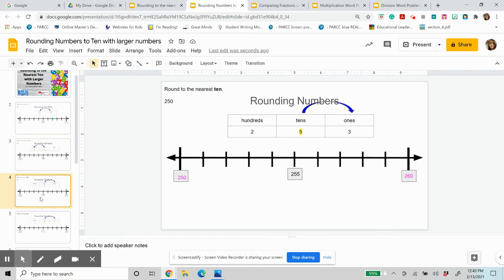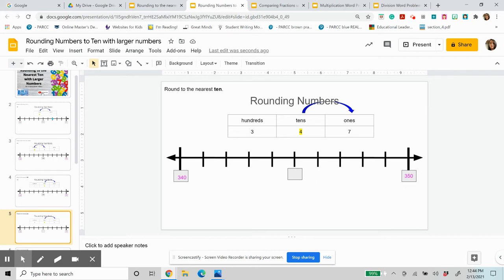Now, the 3 isn't going to change. So it's going to be 3-40, because that's our 10. This means 40, so 340, or the next 10 after 40 is 50, 350.